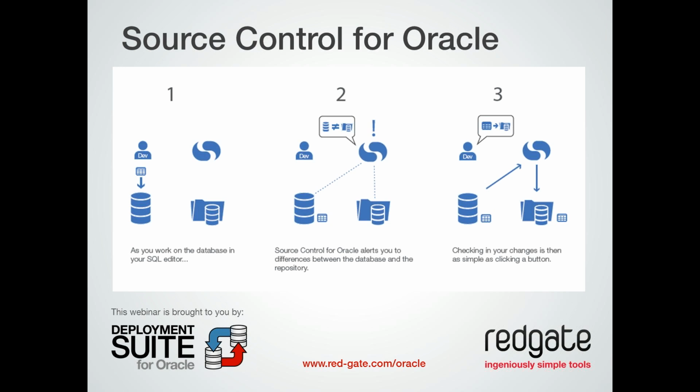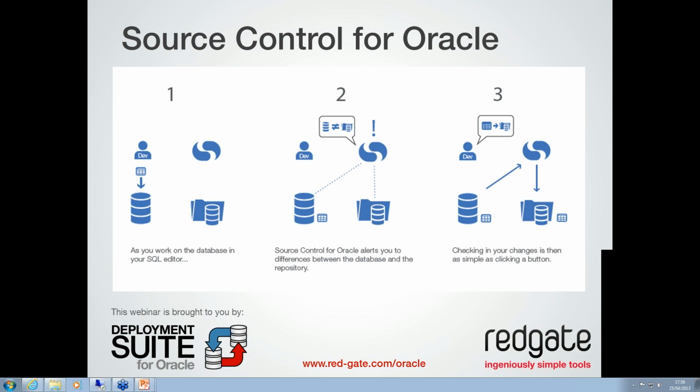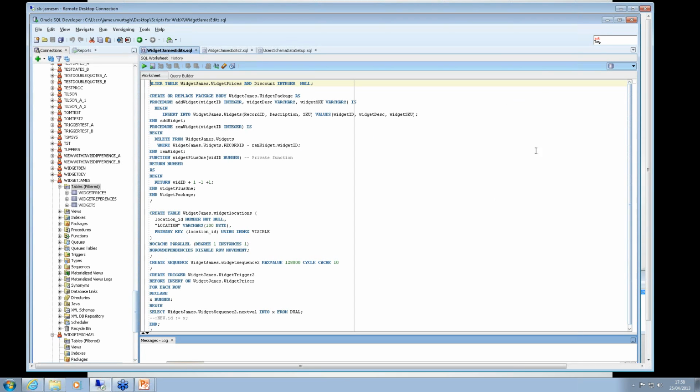I'm going to show you how simple it is to check changes into source control using this new product. I will be answering questions at the end, but again, please feel free to add your questions in as we go along. Okay, so let's go back to my desktop.